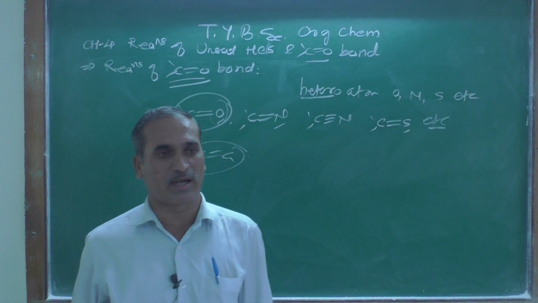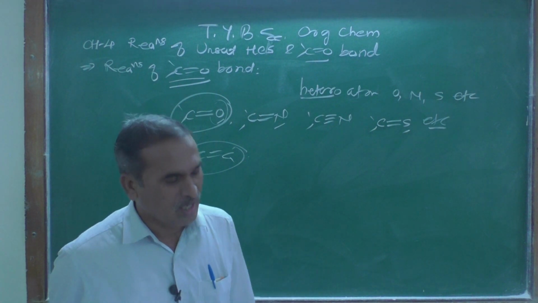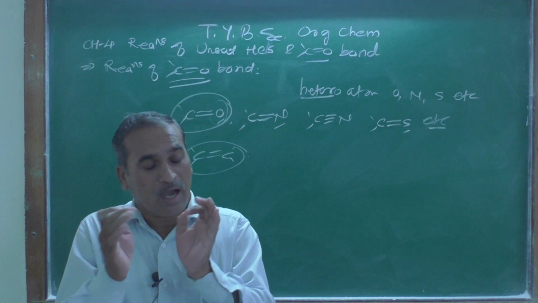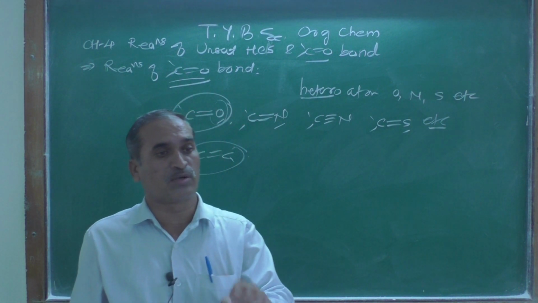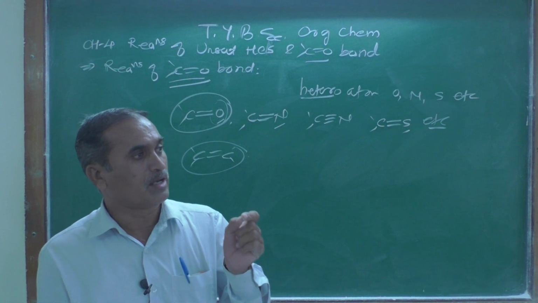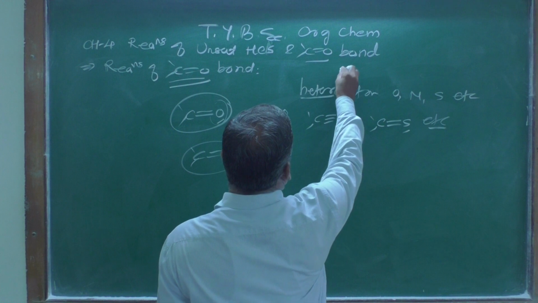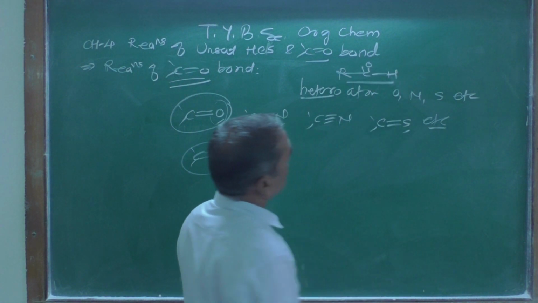And as we know, what does aldehyde mean and what does ketone mean? Aldehydes are compounds generally represented by the formula R, C double bond O, H. This is called an aldehyde.